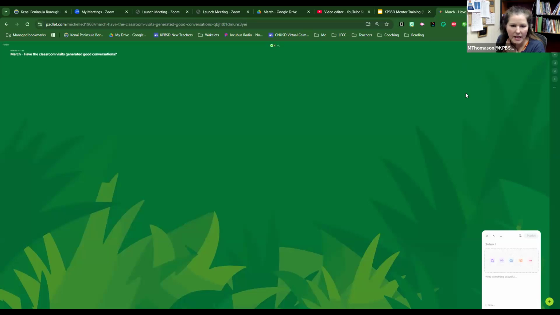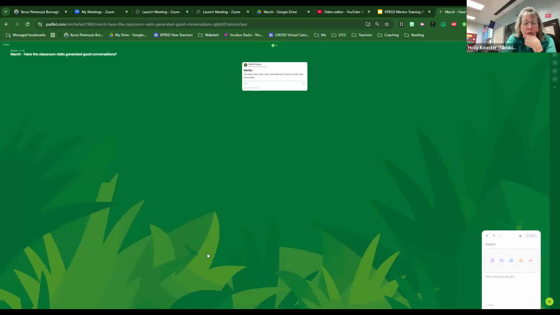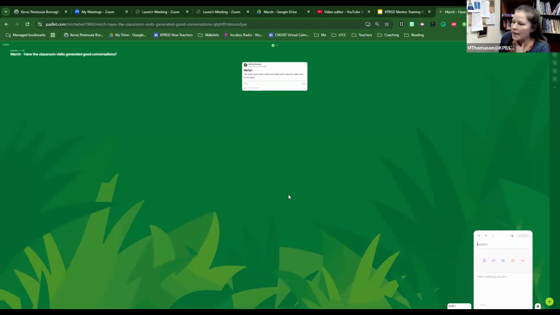Has everyone else been able to get into the Padlet? Yes, you were able to, Annie? Beautiful. A lot of times you just double click and it'll allow you to get a box. You see here in the right-hand corner where I have a box, and then I can move this box around.